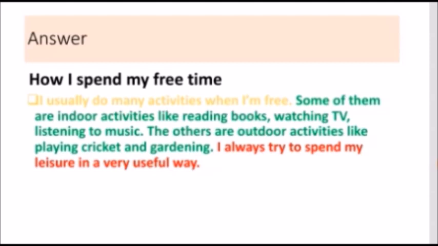The others are outdoor activities like playing cricket and gardening. I always try to spend my leisure in a very useful way. Look at the introductory sentence, supporting sentences, and the concluding sentence.